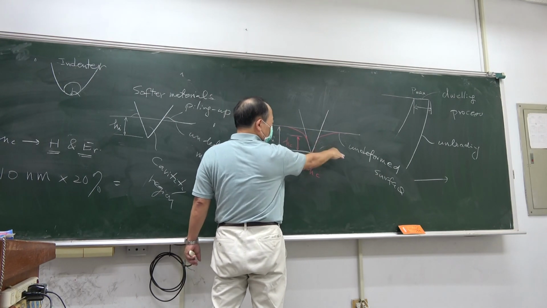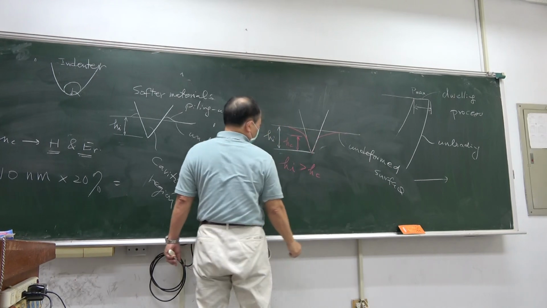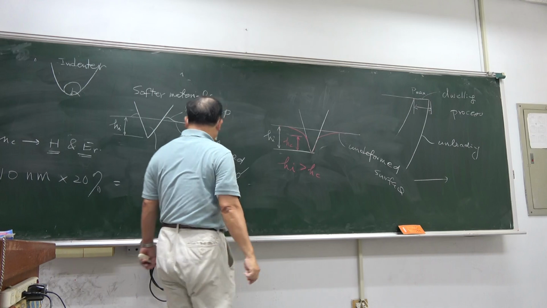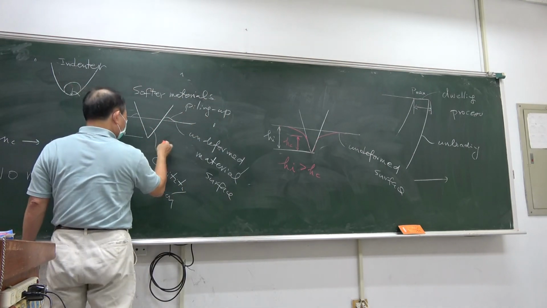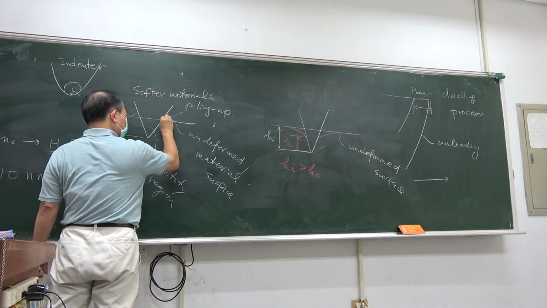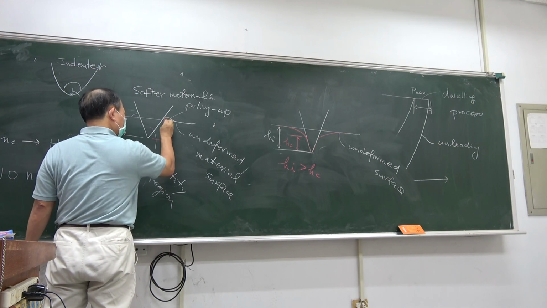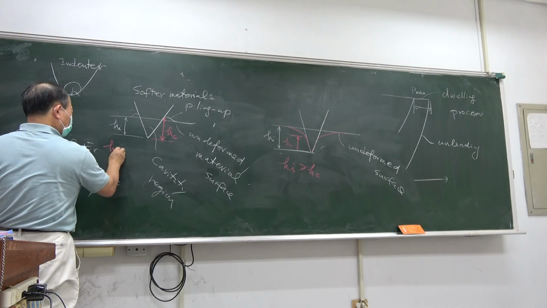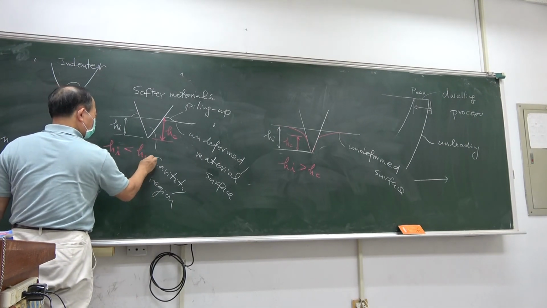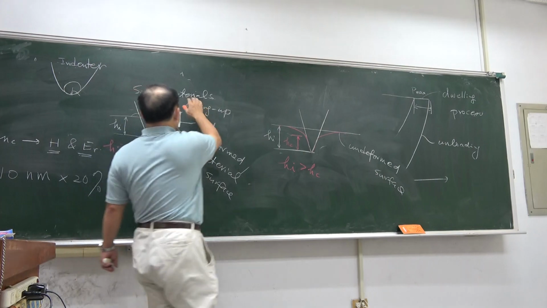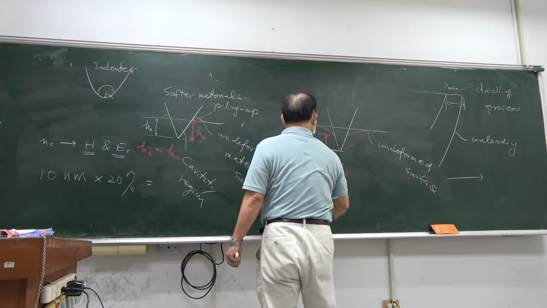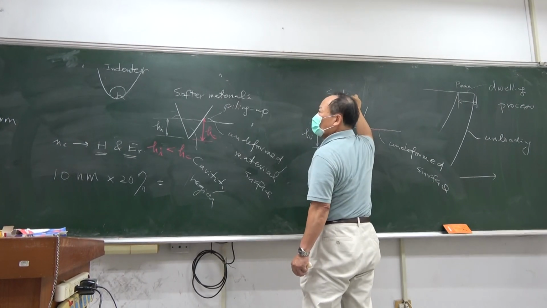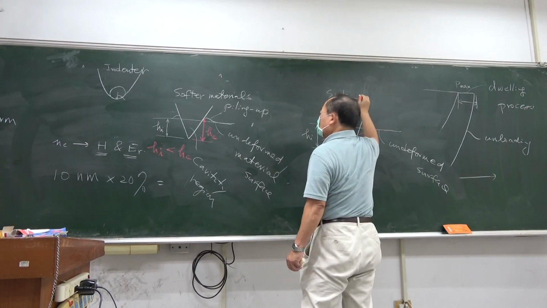But in the other case, your HC is this value, and your HI is smaller than your HC. This we call piling up, and this we call sinking in.